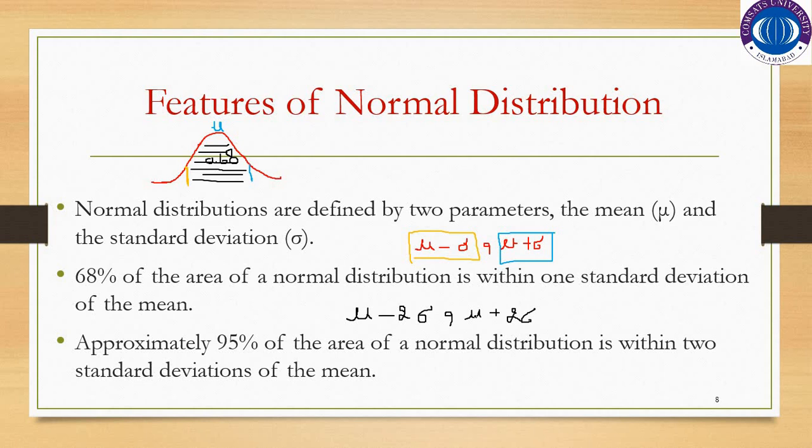So whenever you draw it this way, this one is the lower limit and this one is the upper limit, but this time the lower limit is 2 times the standard deviation, that is mu minus 2 sigma and mu plus 2 sigma. So it will contain 95% of the area of a normal distribution, that is 0.95.